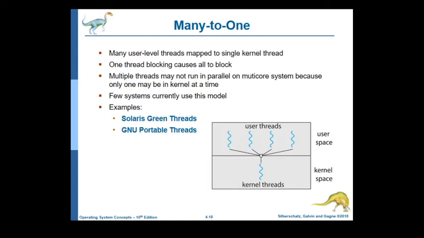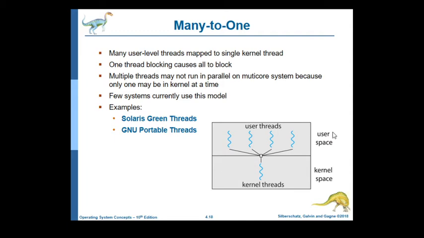Okay, we start with the many-to-one model. This model maps many user threads to one kernel thread. The thread management is done by the thread library in user space.